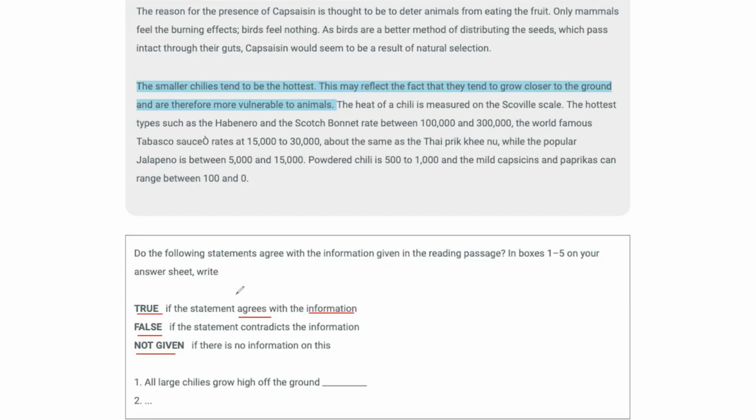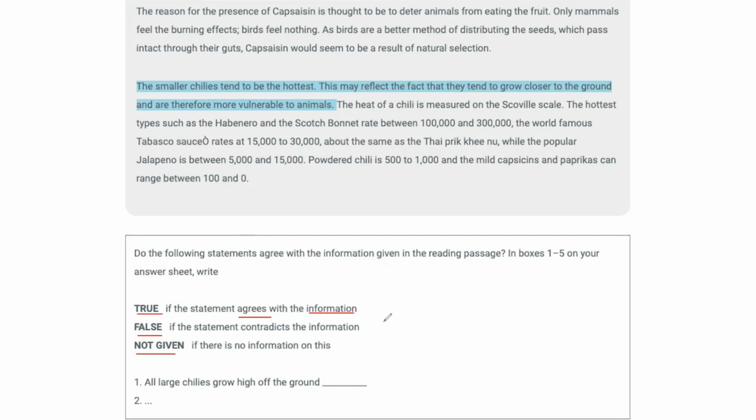And since the themes and the information in the IELTS academic exam are factual in nature, always remember that similar does not always equal true. So if it's similar but not exactly the same, the answer is most likely false. Okay, and this is also a common pitfall for students.